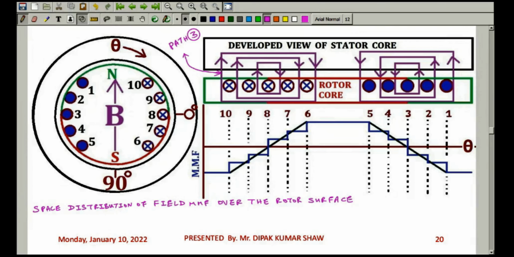So what is the M.M.F? It has to be 5 times the number of conductors in each slot.